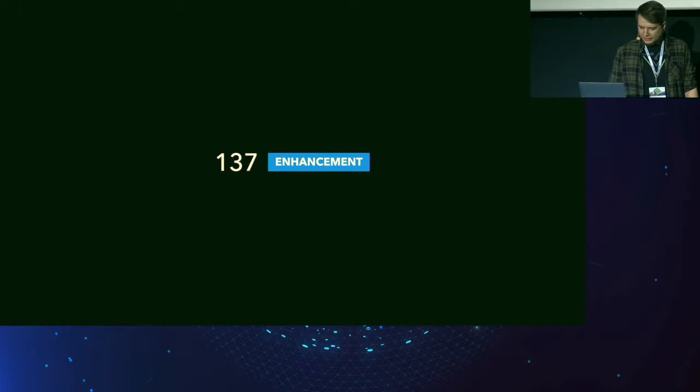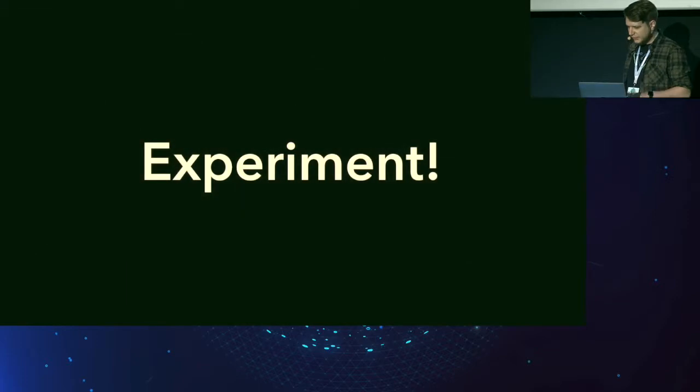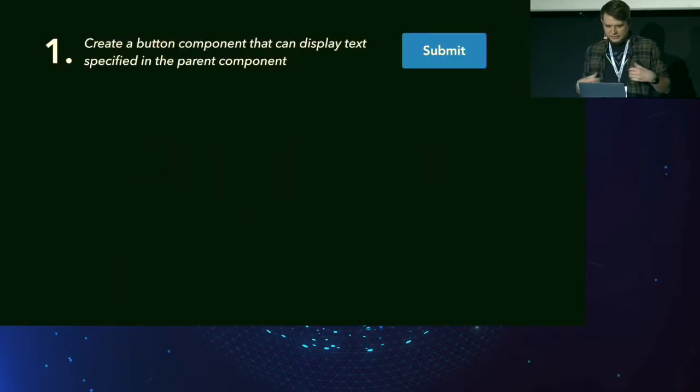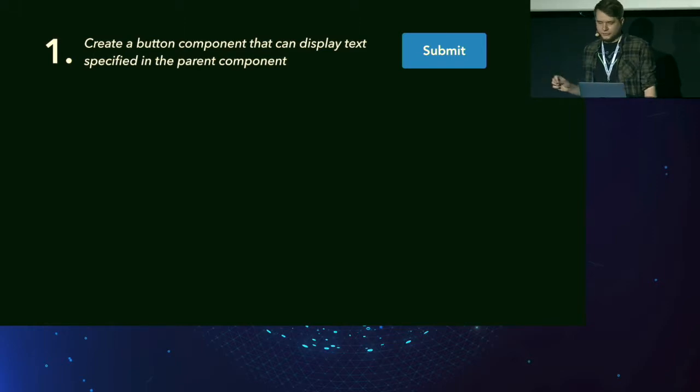So, enhancement. And lately I've been doing a small experiment, asking people that I met, people that I know already, how they would approach a very simple problem. We won't be doing it, but if you want to participate very quickly, then you can.